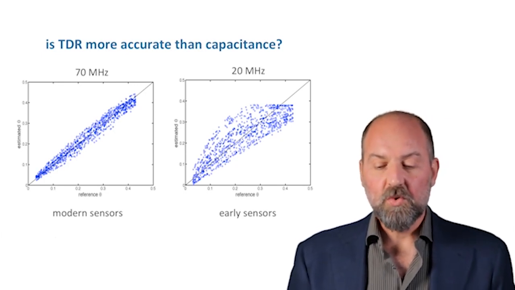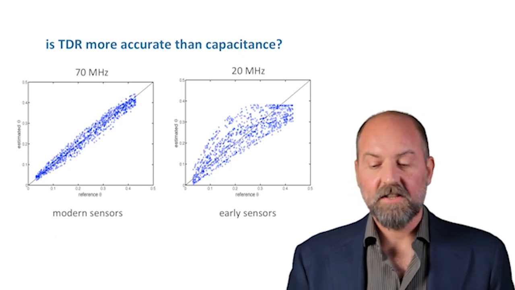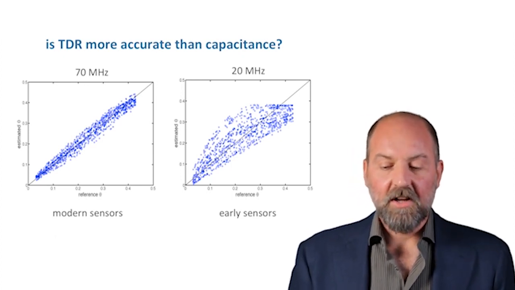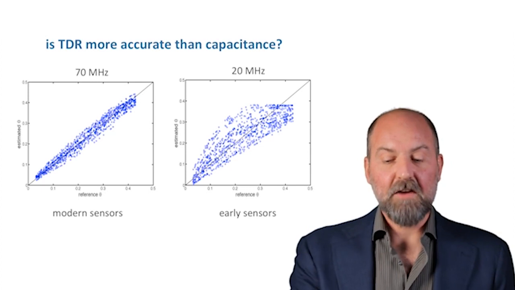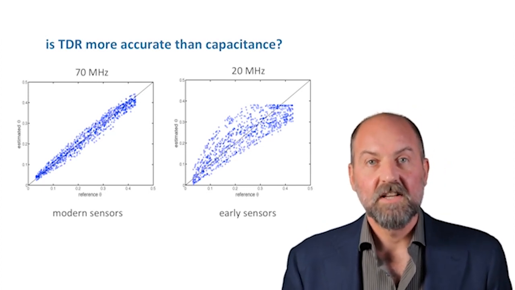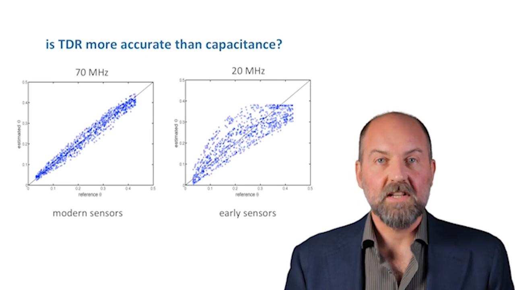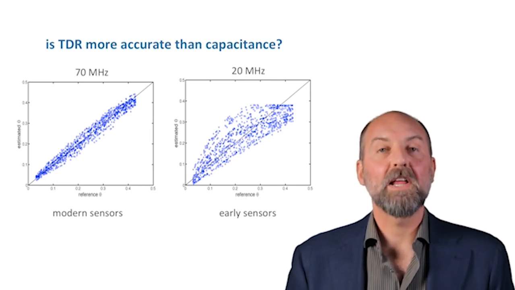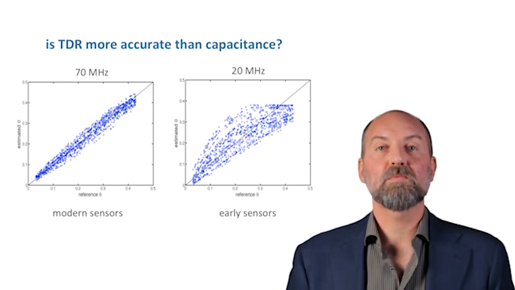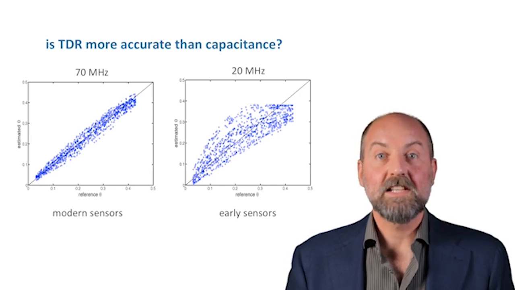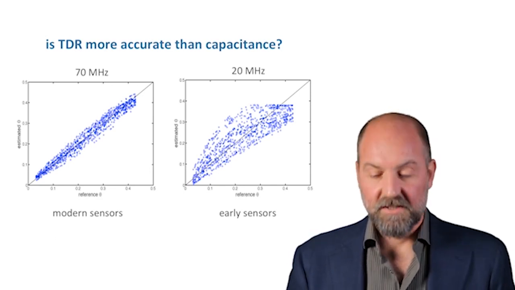And to explain that behavior, I have reproduced the behavior of those early days sensors. In this case, I have used a frequency of 20 megahertz, but I'm told that some of the sensors were operating at frequencies as little as 1 megahertz or 10 megahertz.